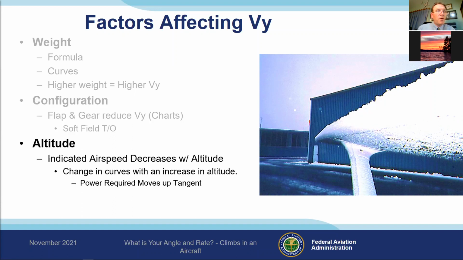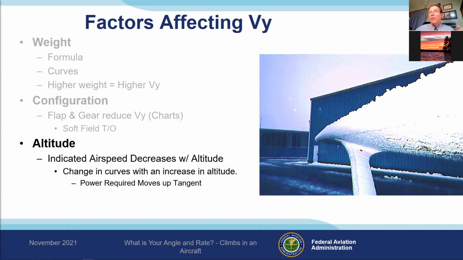Soft field takeoff. We'll talk a little bit about altitude, that the indicated airspeed for VY decreases with altitude. And this decreases at a rate greater than VX increases. VX increases slowly as you gain in altitude, the indicated airspeed for it, say from 50 to 54 knots at maximum altitude, where your VY will decrease at a greater rate.